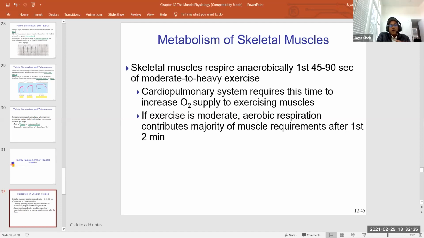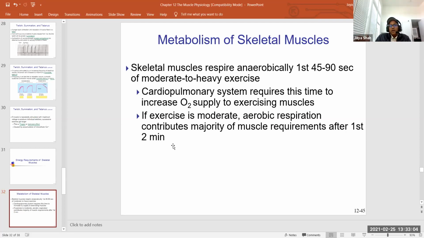If exercise is moderate and it continues, then aerobic respiration contributes the majority of muscle requirement after the first 2 minutes. So if you want to burn the fat in your body, you need to do moderate exercise. Moderate exercise burns most of the fatty acid through oxidative phosphorylation or the Krebs cycle.